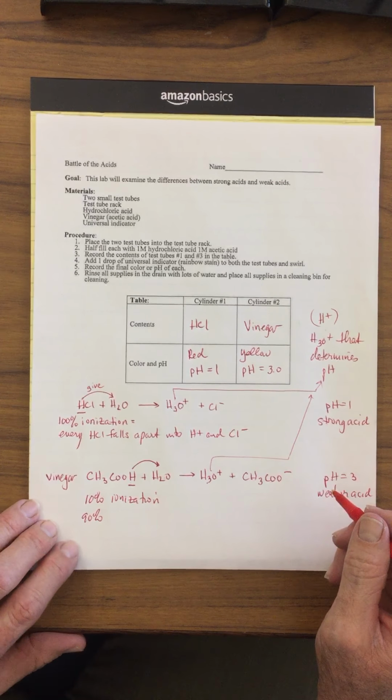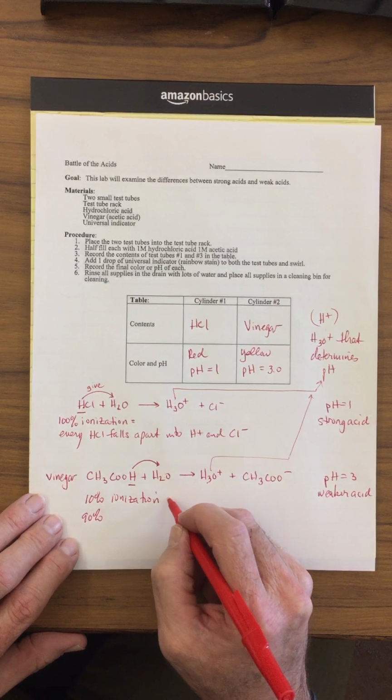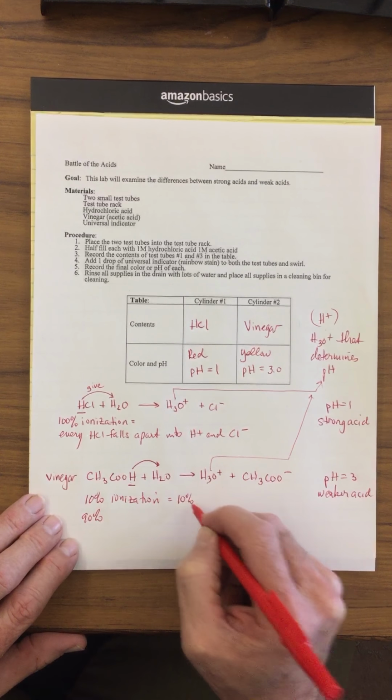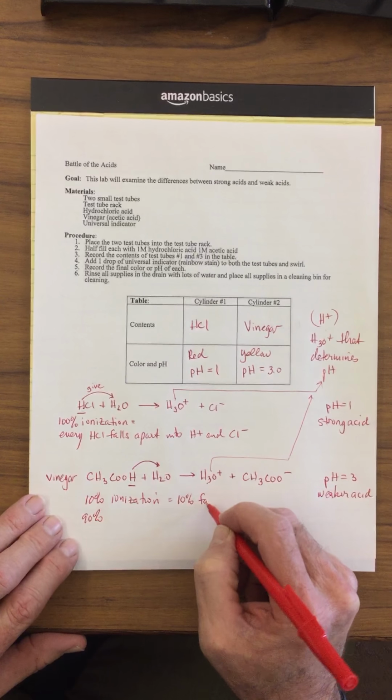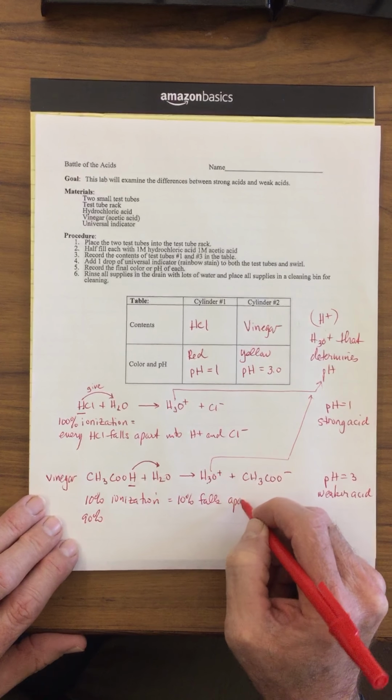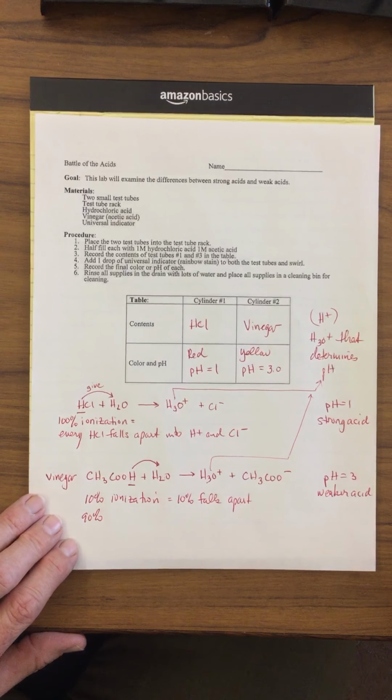So when we get 10% ionization, that means 10% of the vinegar falls apart and produces H3O+. 90% of this molecule actually stays as vinegar.